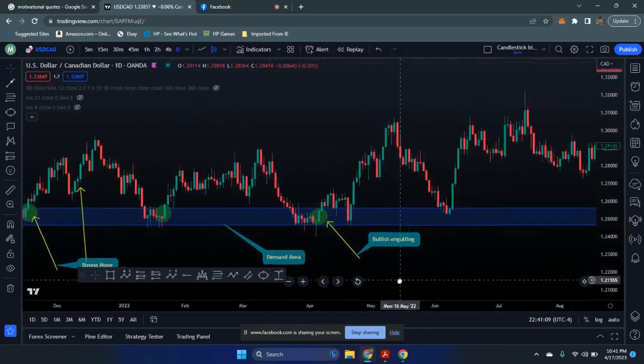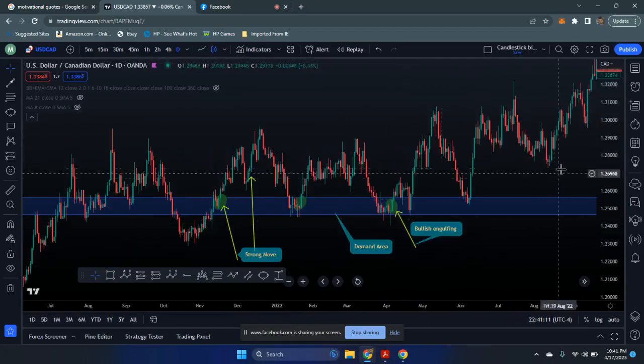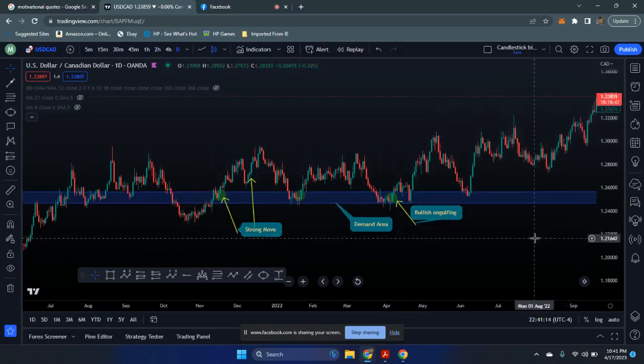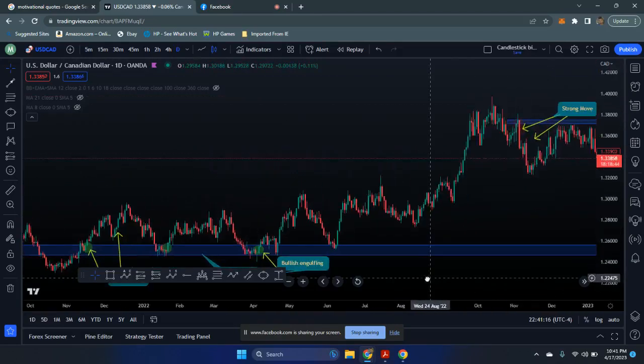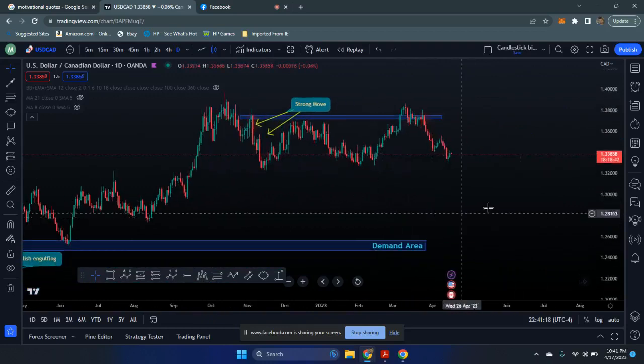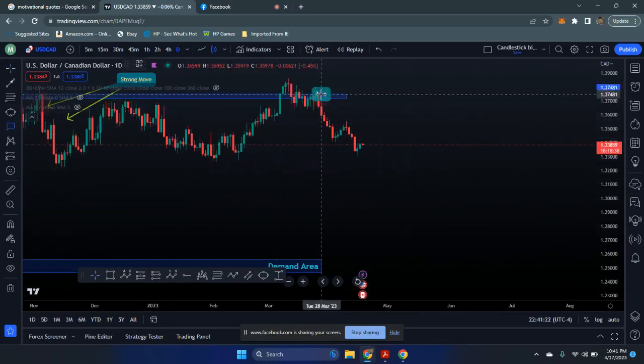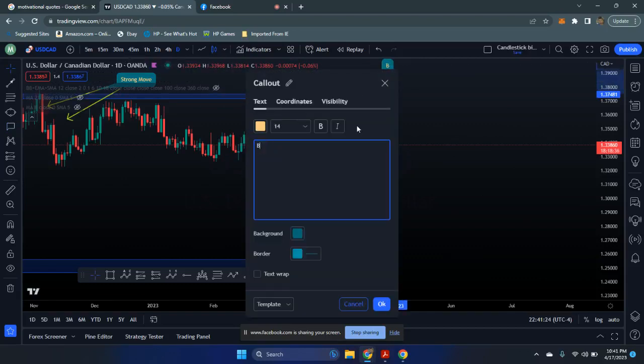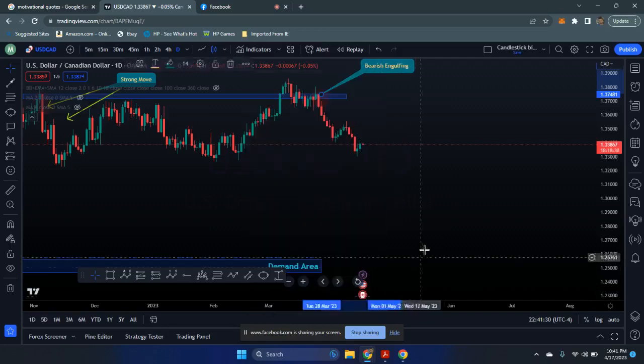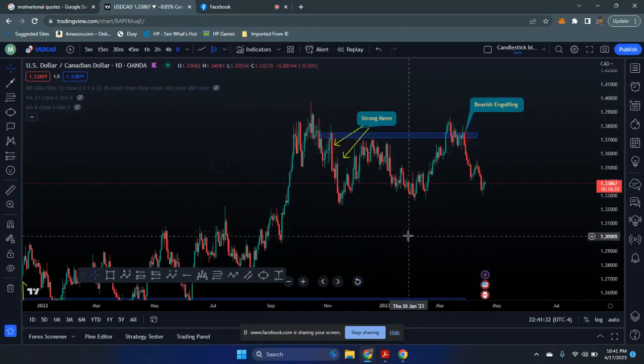If this was a little bit hard for you and you didn't understand or you couldn't really see, please go back. I know we didn't really touch on supply and demand zones, but based off the example that was shown, we could easily identify it.